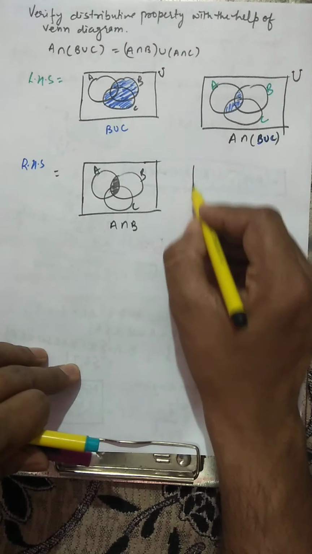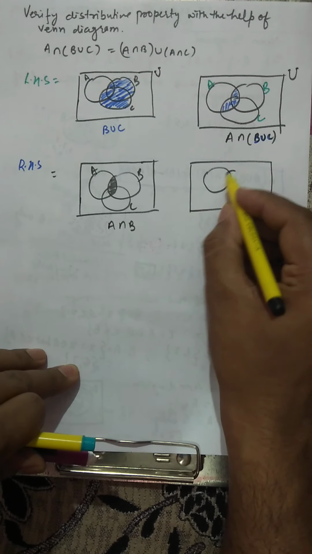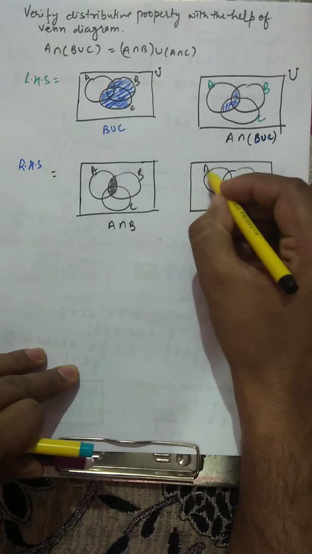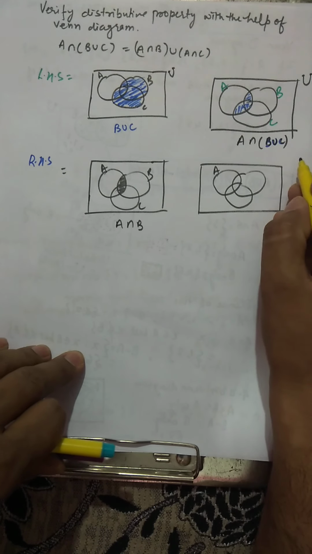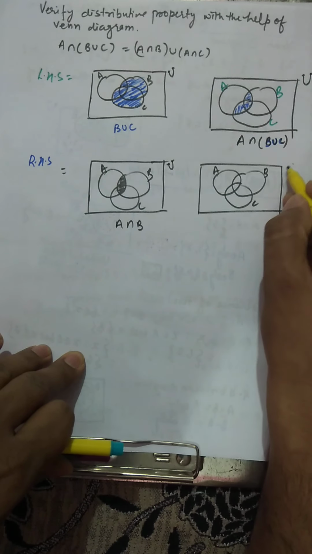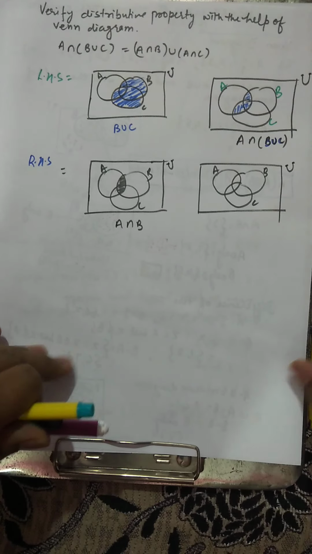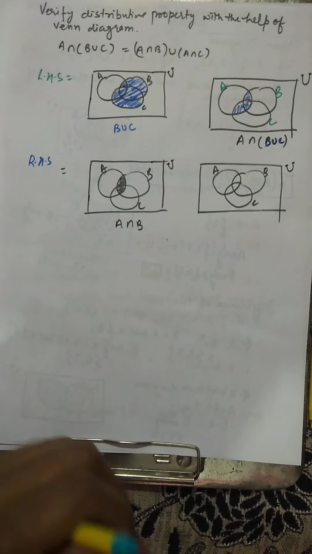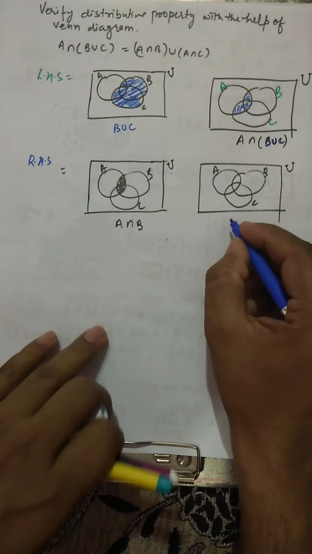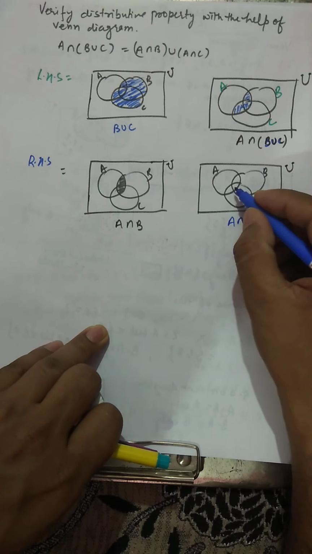And now next you take this is A, this is B, this is C, this is universal. So now we are going to represent A intersection C. So A intersection C, you see that area is this area.